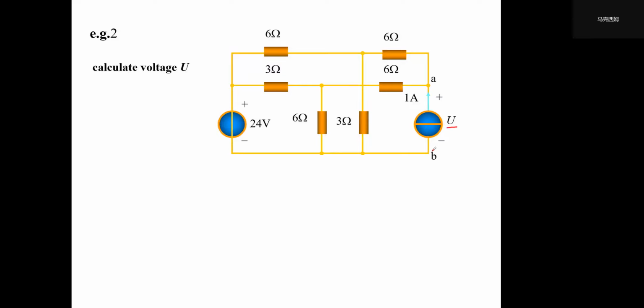We would like to know the value of this voltage source, right? I think this is a quite complex circuit. So we can just calculate this one, the port A and B, and remove the voltage source or the current source.